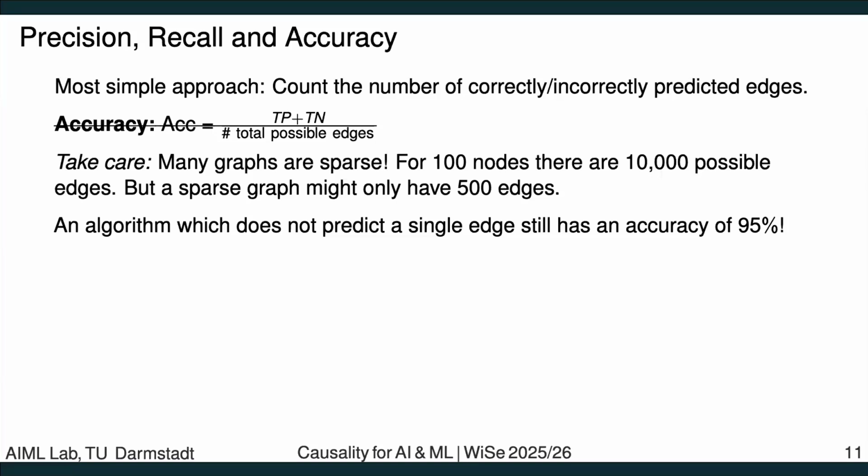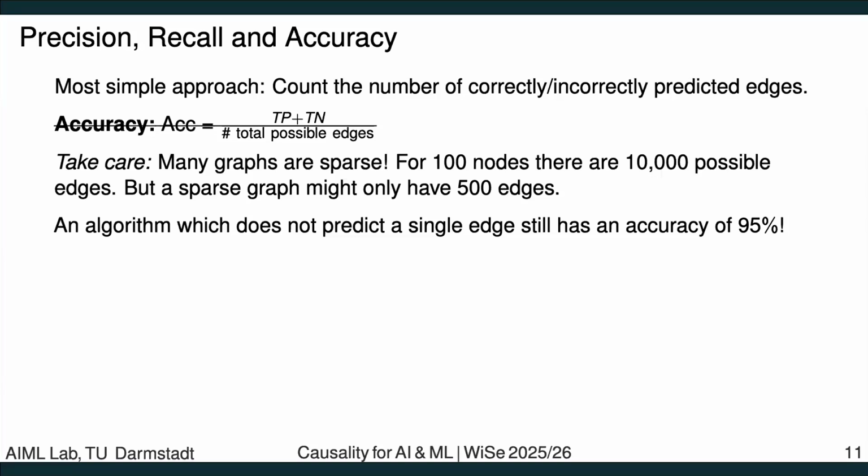So the ones that are not there, and we are correct about it. Oh, okay. And the normalizing term is that we look at every single cell of this adjacency matrix and normalize by that.